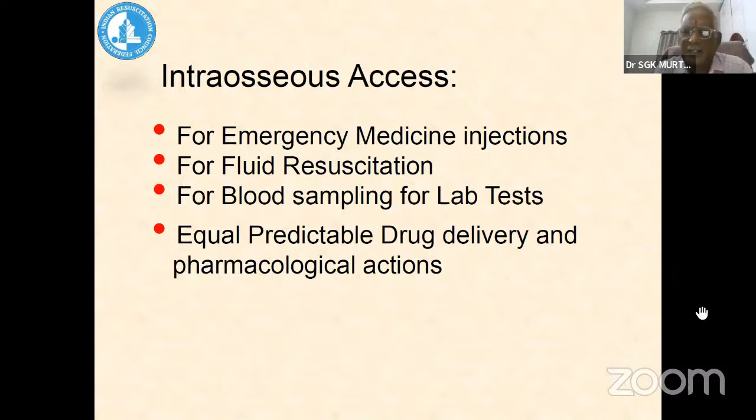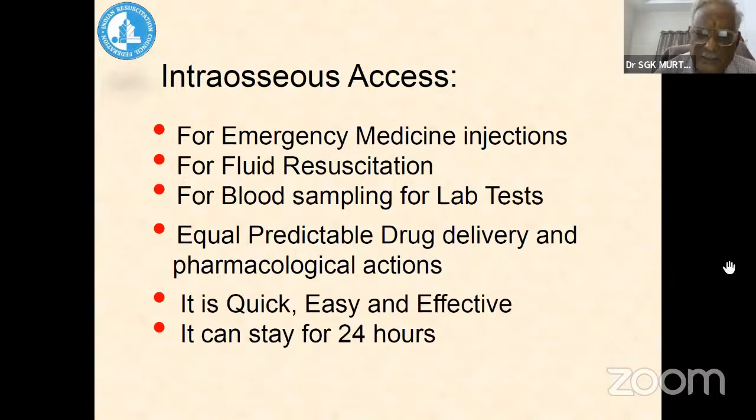Especially in the humerus, if you take the upper end just below the head of the humerus, it will be very near to the heart, and any drug given reaches the heart very fast. Fluid administration is also very comfortable with the intraosseous line whenever the IV line is not possible.